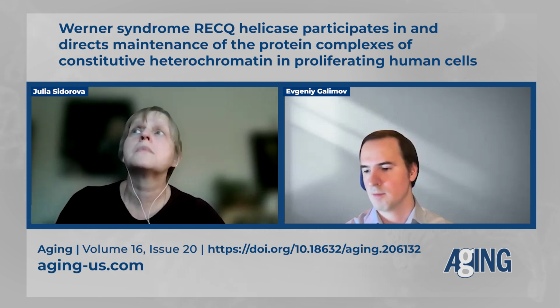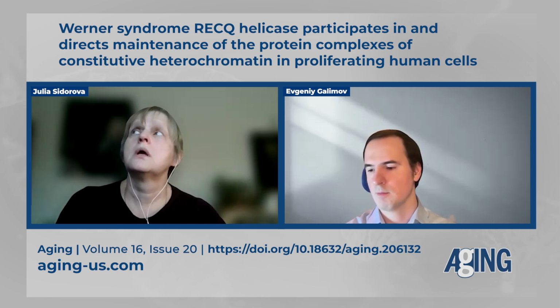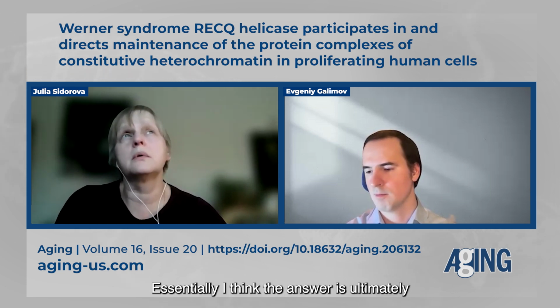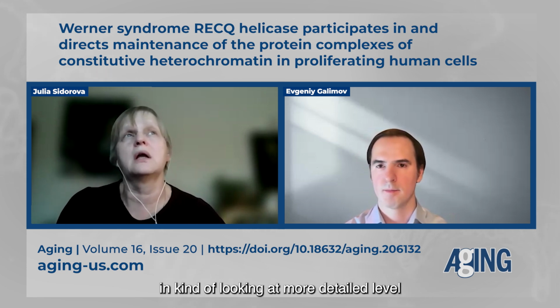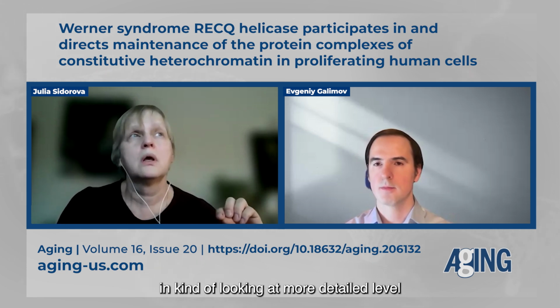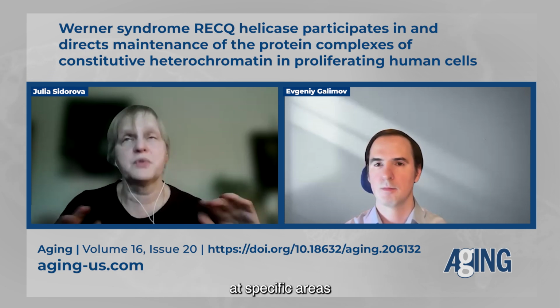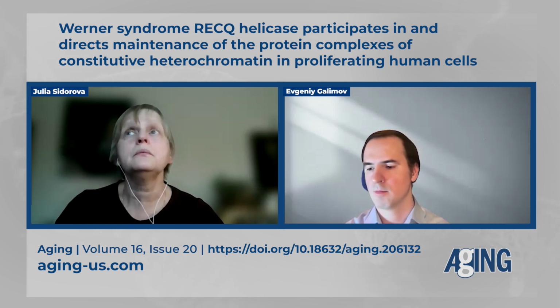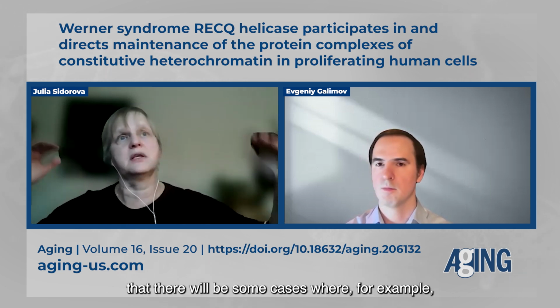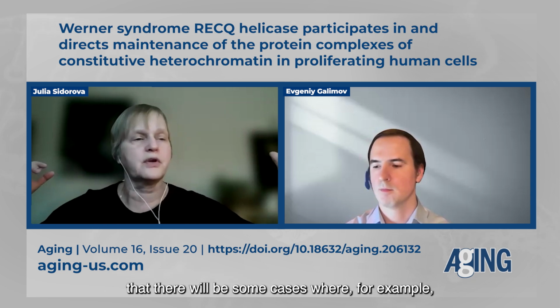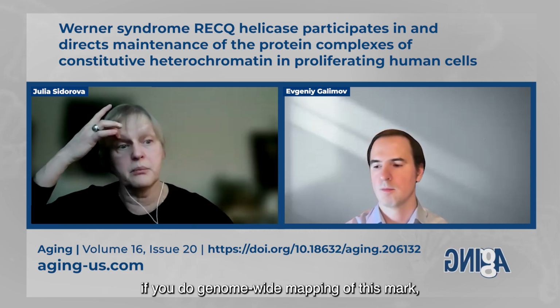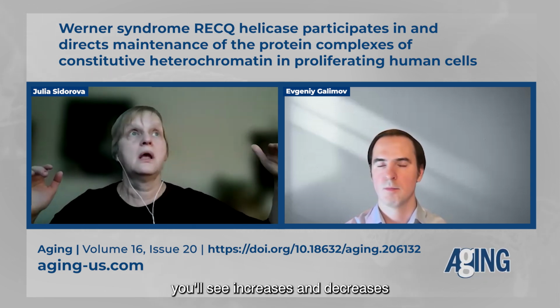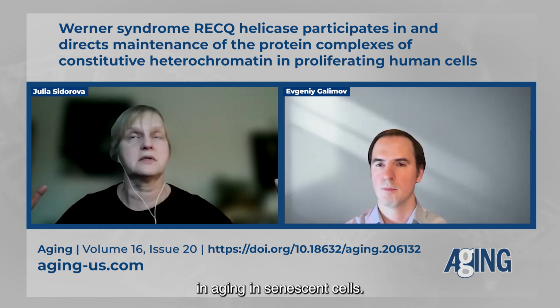So essentially, I think the answer is ultimately in looking at a more detailed level at specific areas of the genome, and seeing that there will be some cases where, if you do genome-wide mapping of this mark, you'll see increases and decreases in aging and senescent cells.